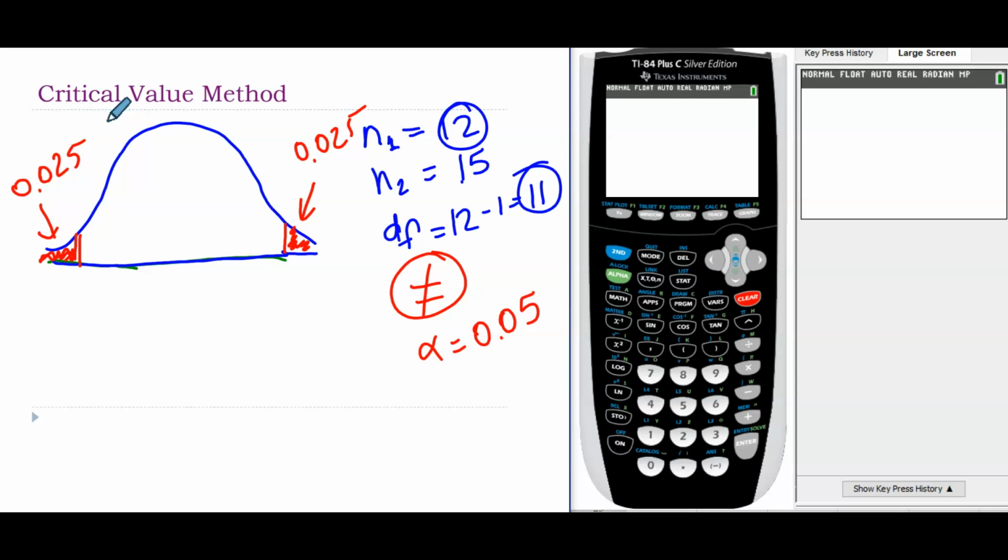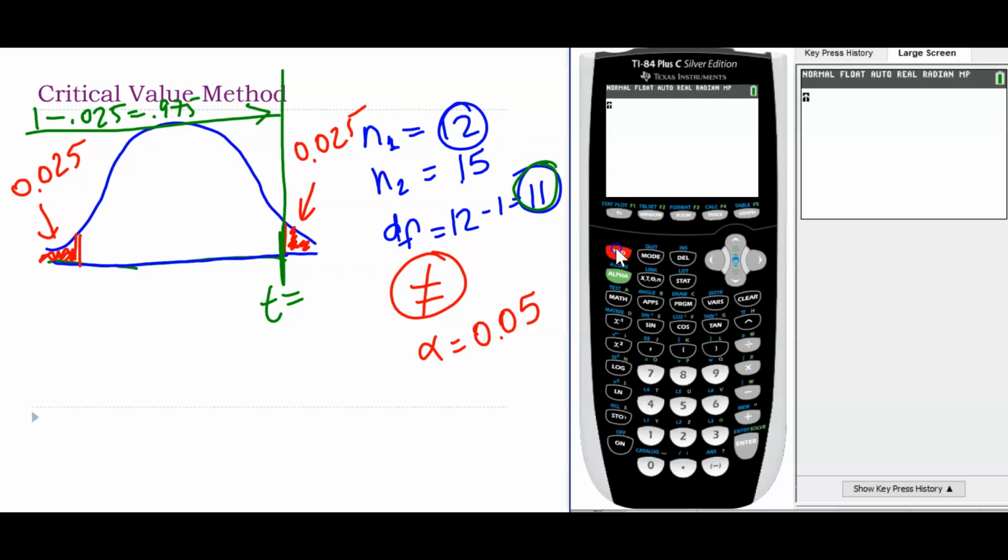Let me show you how to use the calculator. In the calculator, we will need to identify the area to the left of our critical value. The area to the left of this critical value would be 1 minus 0.025, which is 0.975, and degrees of freedom is 11.